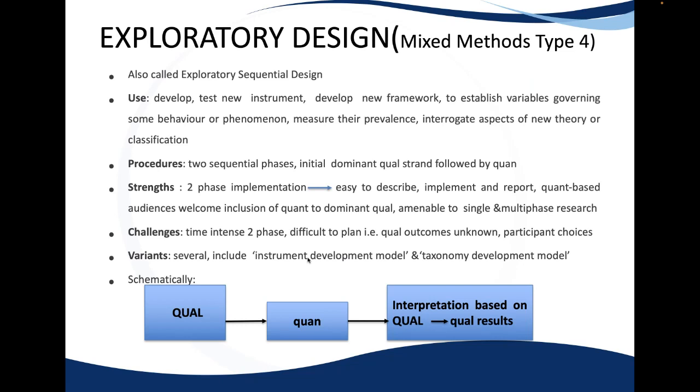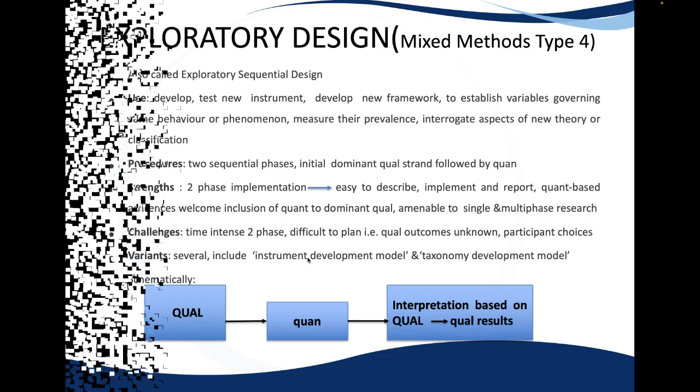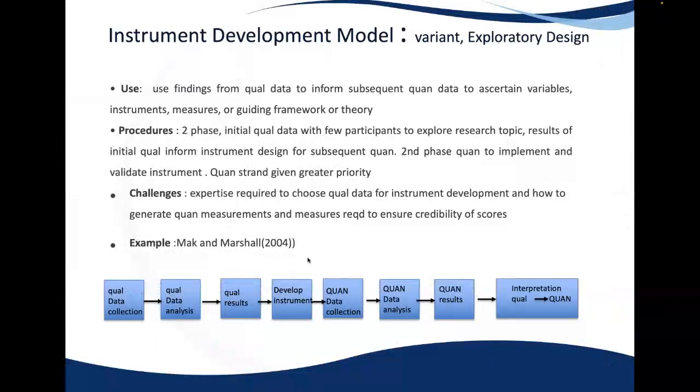Then you're able to explore much more of what's going on within the qualitative data. And once again, there are different types, and I won't get into these, but they are very rarely used.